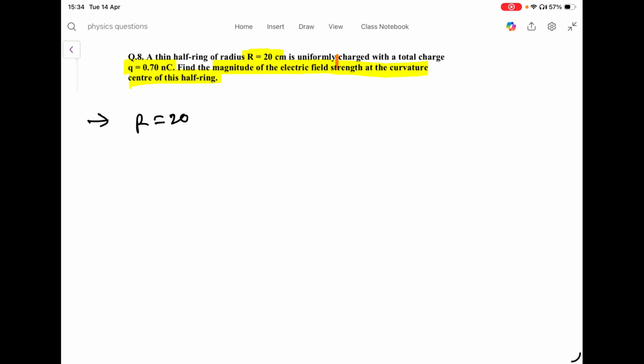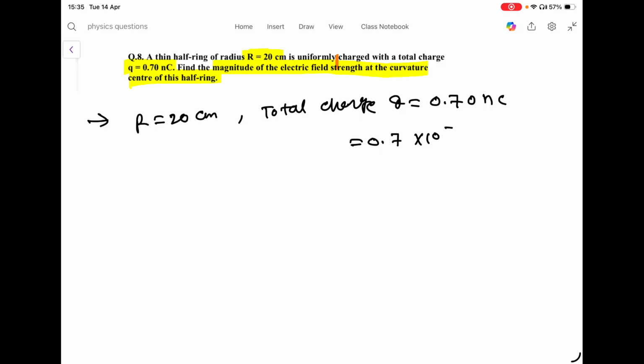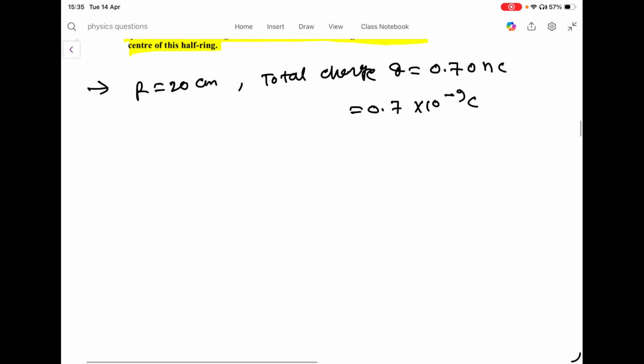R equal to 20 centimeter, right? And total charge Q equal to 0.70 nC. So it will become 0.7 into 10 to the power minus 9 coulomb, right?